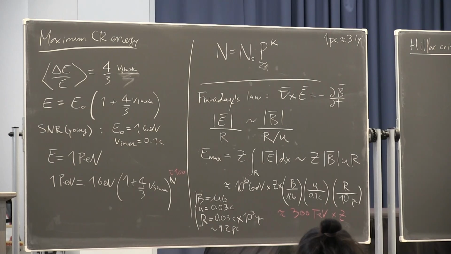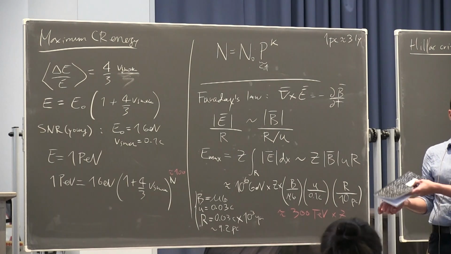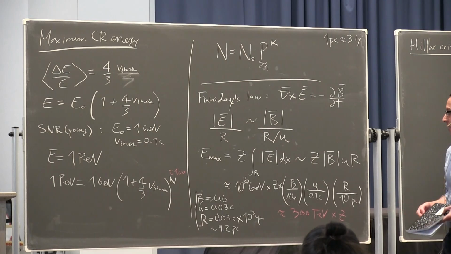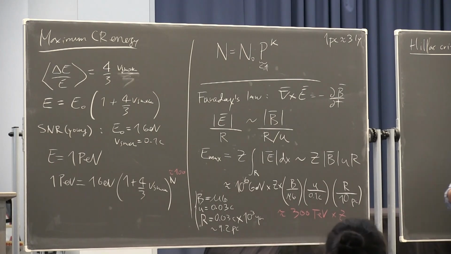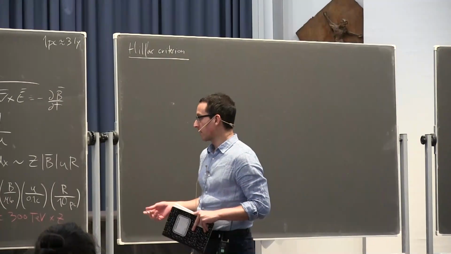And then you might have heard the word pevatron mentioned before. A pevatron is a source of particles of PeV energies, in this particular case, cosmic rays of PeV energies. We see PeV scale cosmic rays in the flux of cosmic rays that we detect, but we don't know where they're coming from, as I said in the past lecture.